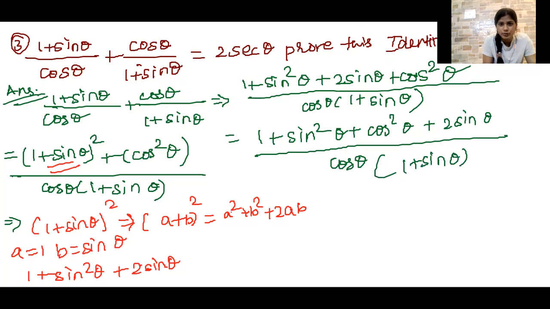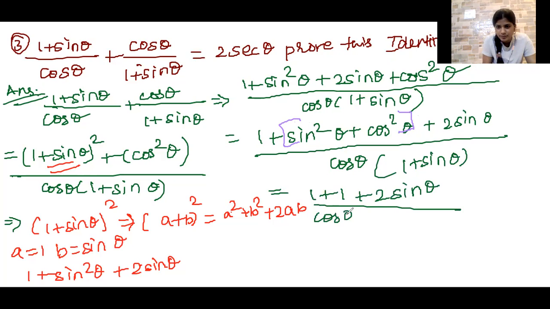Now I can apply the trigonometric identity. You already know that sine square theta plus cos square theta is equal to 1. If I apply that, it's going to be 1 plus 1 plus 2 sine theta upon cos theta into 1 plus sine theta.